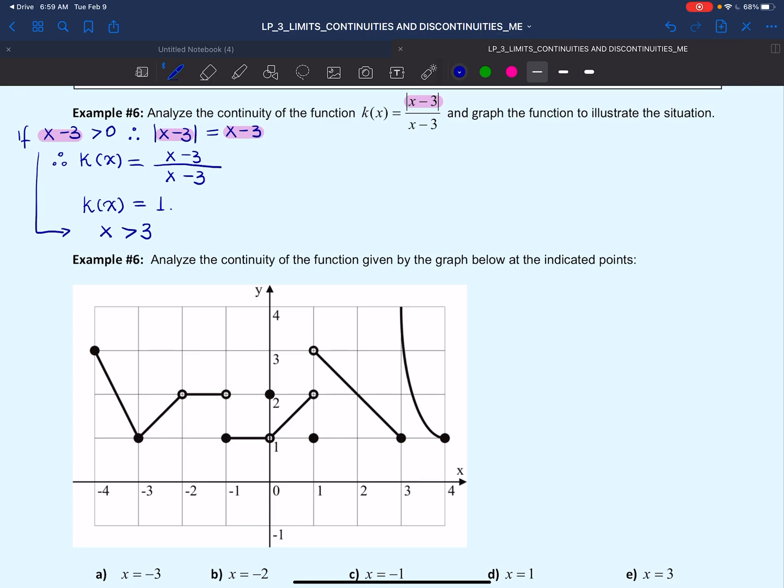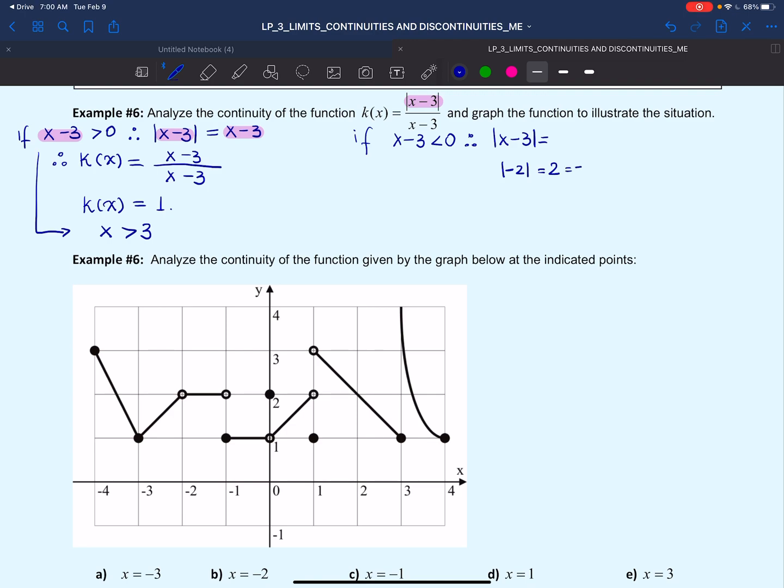So the next scenario would be if x minus 3 is a negative number. That means that we are taking the absolute value of some negative number. Whenever we take the absolute value of, say for example, I'm making this up, negative 2, the answer will be positive 2.